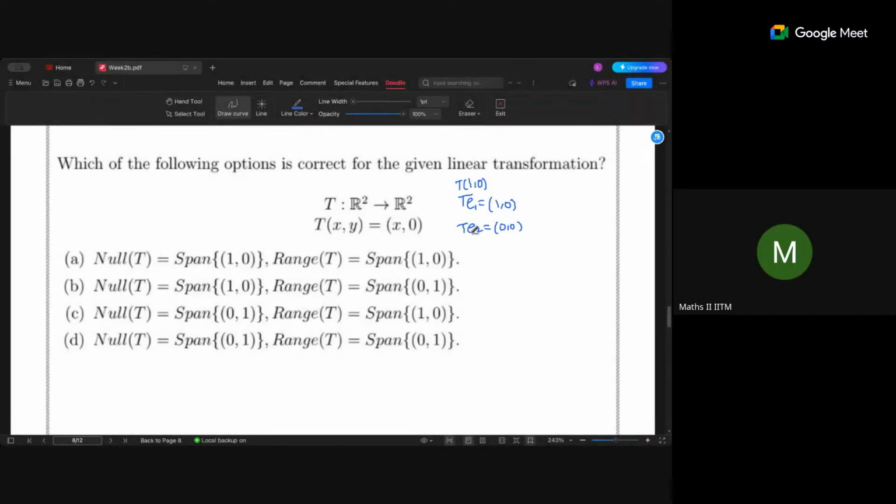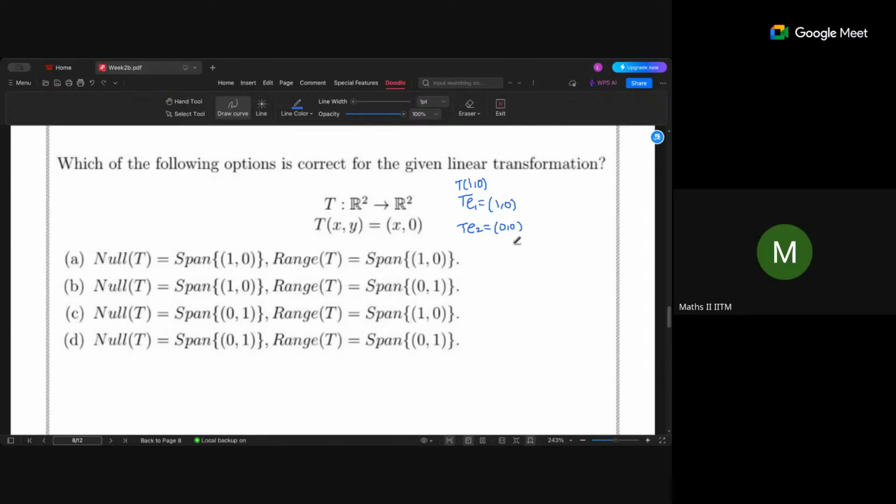Now from this, can you say what is the range of T? Range of T is span of? What do you mean by 2? I'm asking what is the spanning set for range? You are having a zero vector and a non-zero vector.